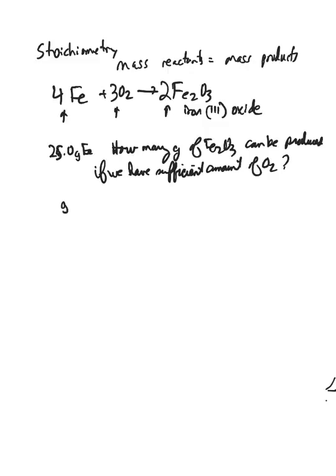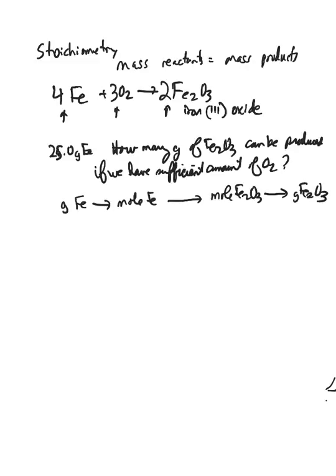So we need to go from grams of iron to moles of iron to moles of Fe2O3 to grams Fe2O3.